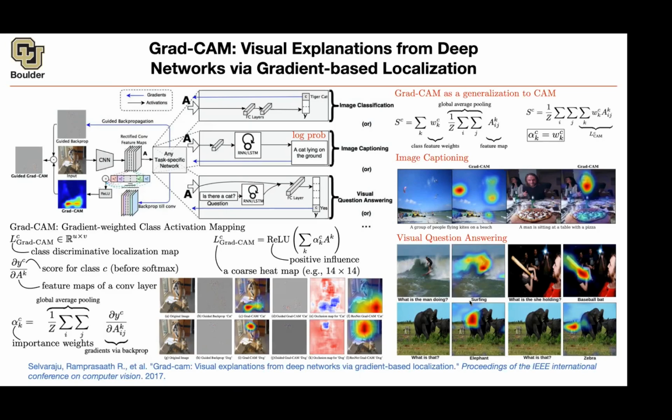But when you want to go backward, you have to specify the outcome the same way that you were specifying the target cat when you were doing your visualization for the target cat. The forward pass is going to do it. If you tell it what is the man doing, it's going to tell you he's surfing. But when you want to visualize it, you need to say, okay, I believe your answer is baseball bat. I'm going to give you baseball bat. And now you tell me where you're focusing. I want to understand why you gave me this answer.